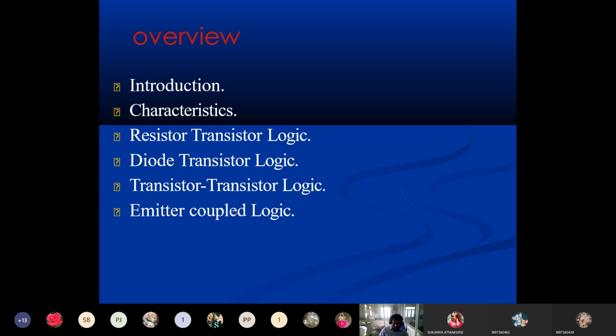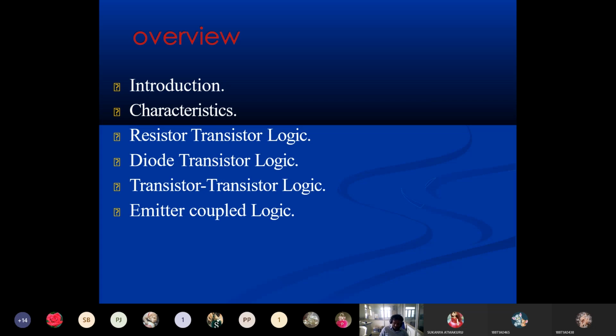This TTL is actually a family of logic families that are compatible with each other but differ in speed, power consumption and cost. So first of all, the most successful logic family is TTL.